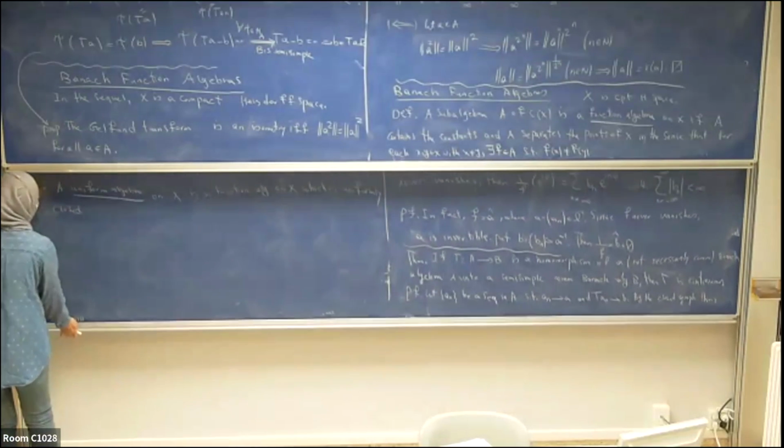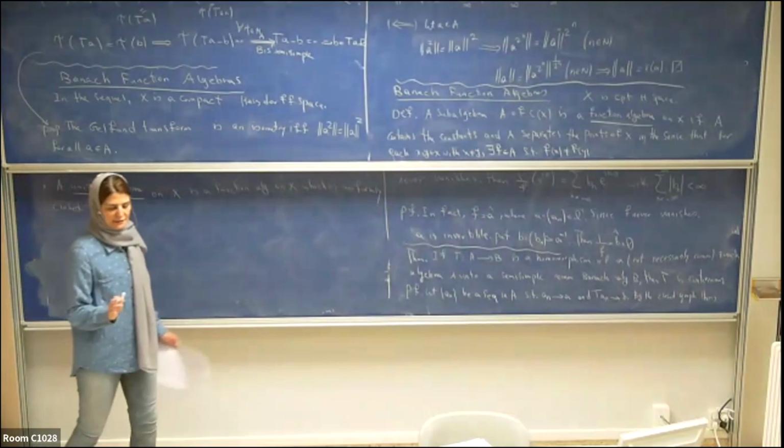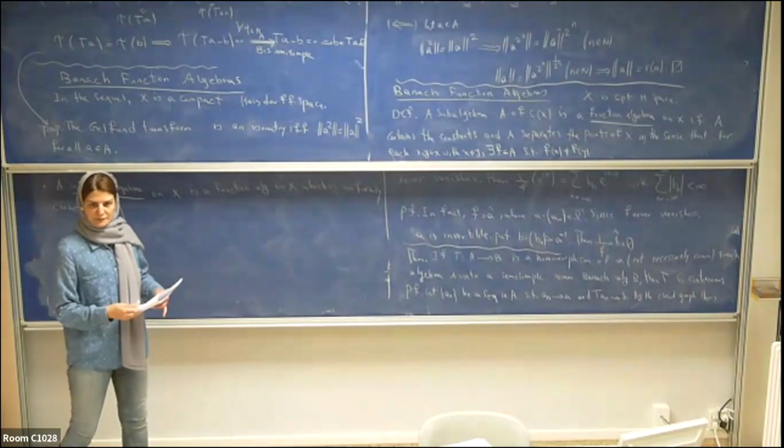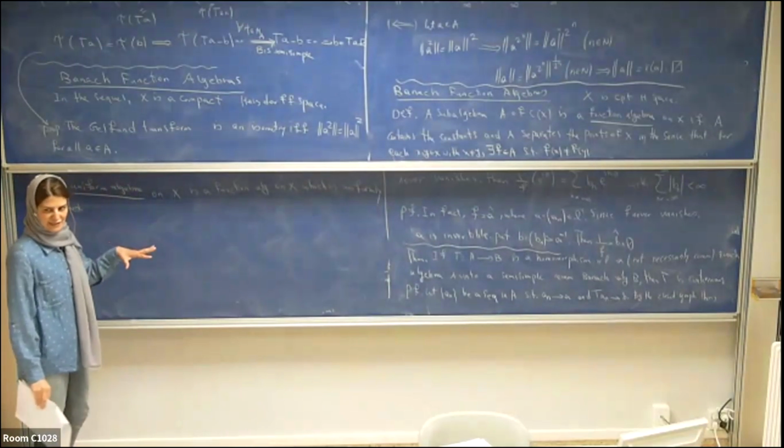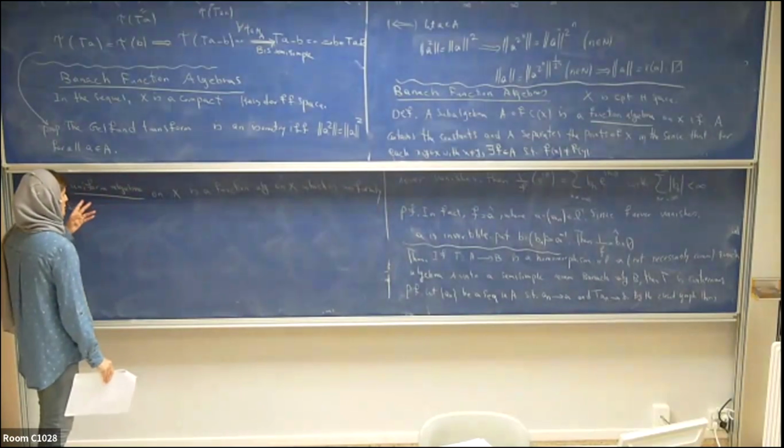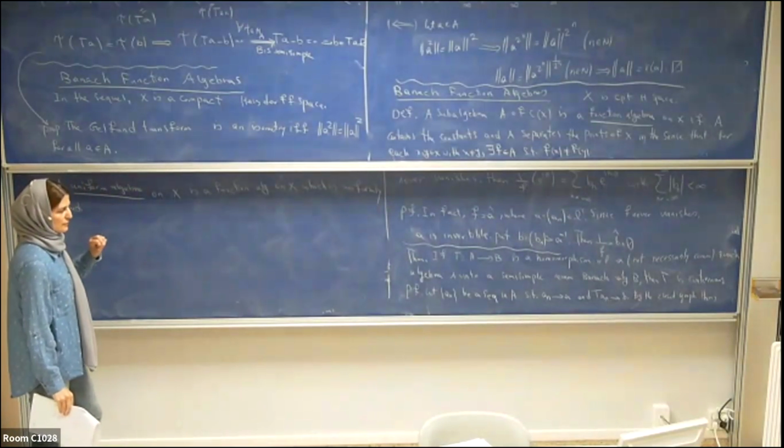For example, C of X and the disk algebra are uniform algebras, because the norm is the supremum norm.